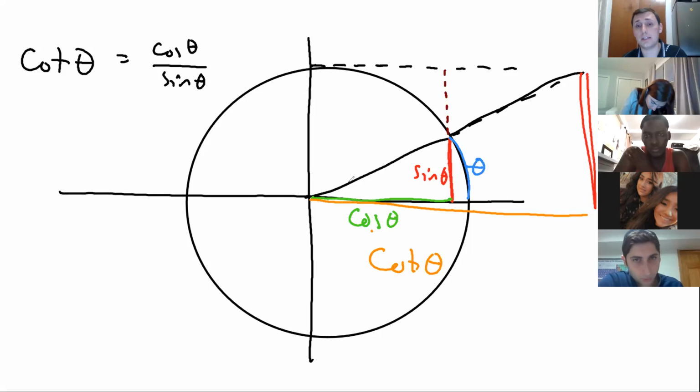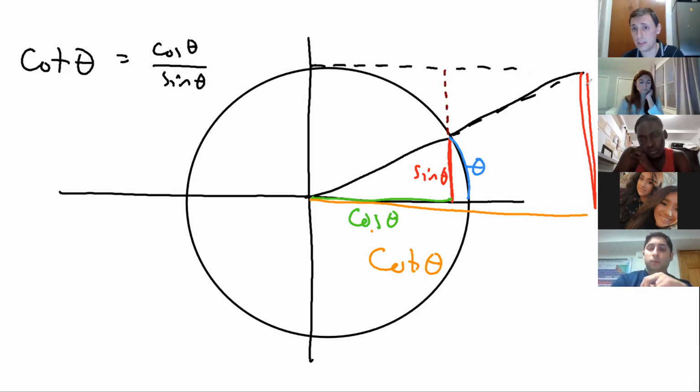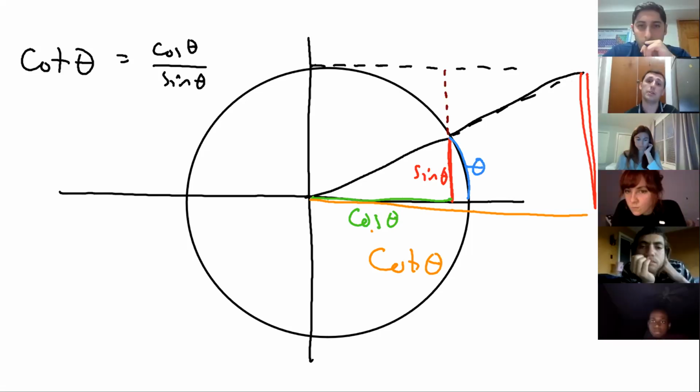In essence, I just take this triangle and extend it until this length is 1. And then that extends the horizontal segment, and that orange part is the extended horizontal segment. It's now cotangent. Clear? Easy, right? So we have some notion of trig functions. It's exciting, I hope.